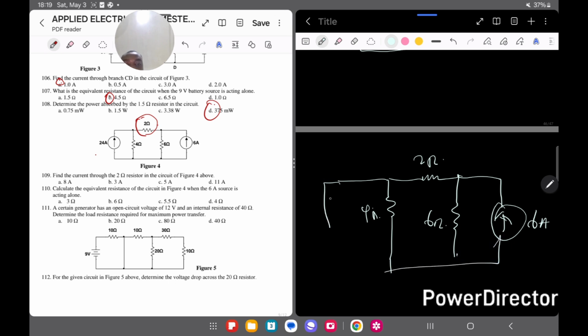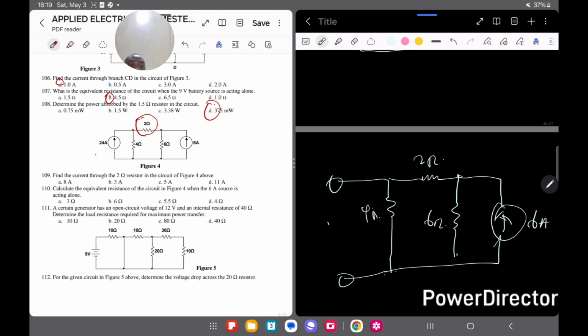Then we now have our 24 amps, but this time I'm going to turn it off. So we make it open circuit. We just remove this, so we get this kind of diagram.